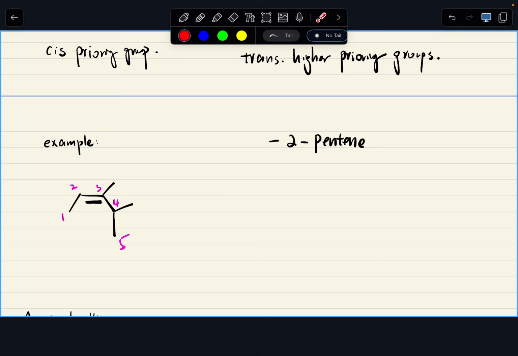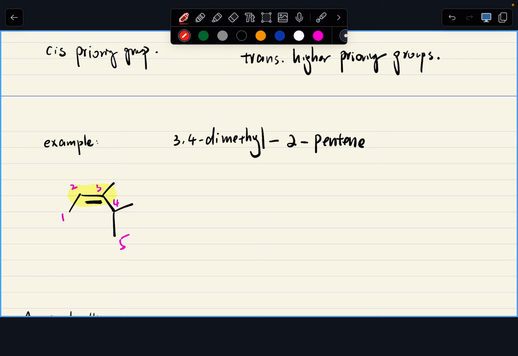And then I think about, okay, what are the other things we know? I have a methyl group on my position 3. I have a methyl group on my position 4. So we have a 3,4 dimethyl. And in addition, I have this double bond here.